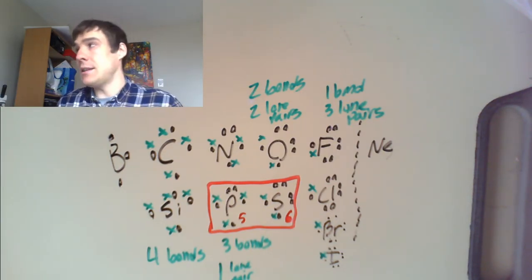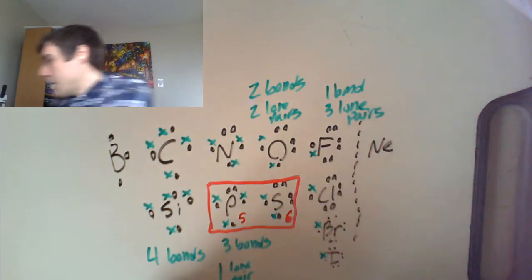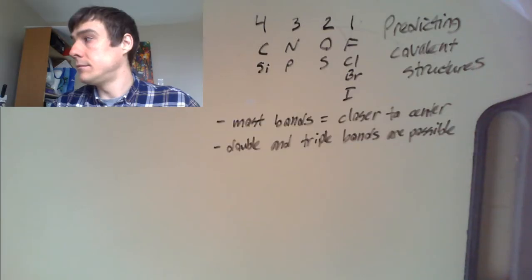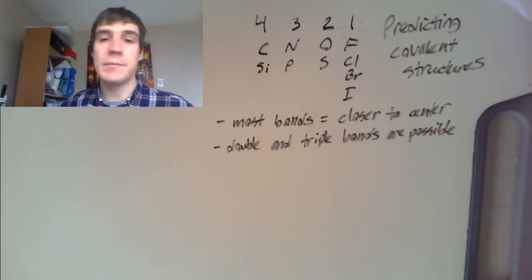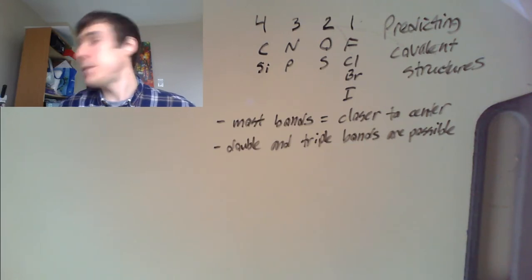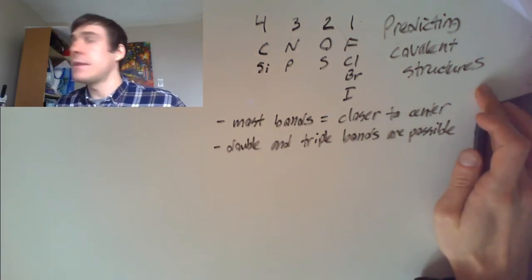So the next section here, I'm going to take a bunch of structures, and we're going to predict what kind of molecules these things are going to make. So I'm going to pause and set up some stuff. I've done my setup. We're going to start with the simple stuff and get into more complicated stuff. We're going to talk about predicting covalent structures.